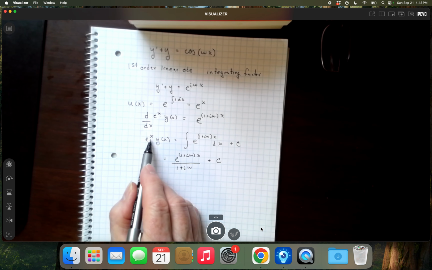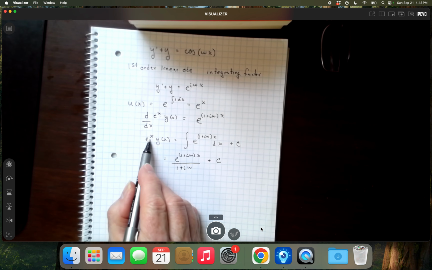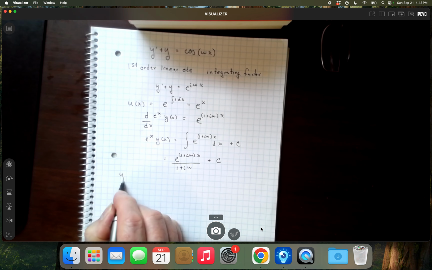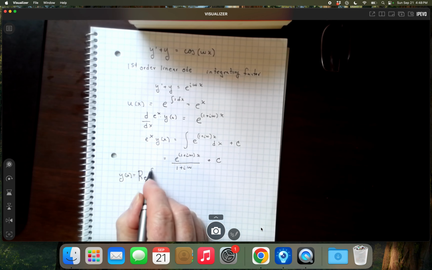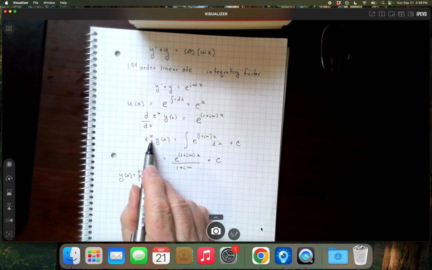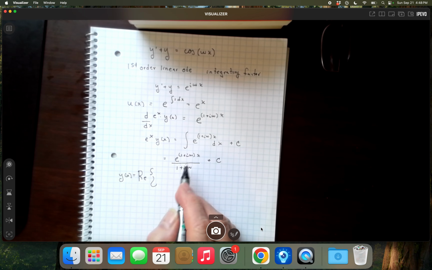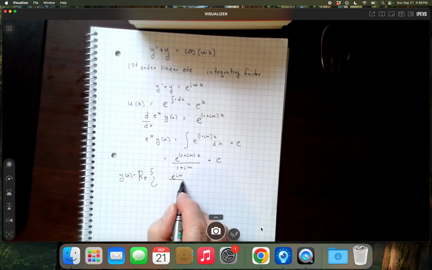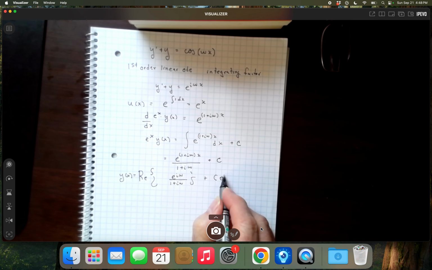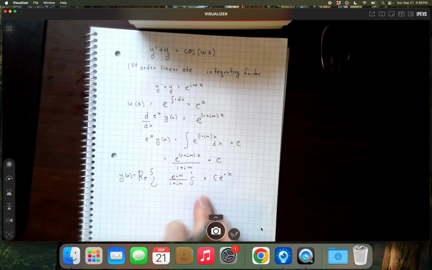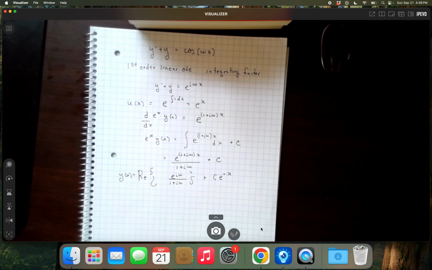Now we will divide both sides by e to the x, which will give us y of x is the real part of, you divide by e to the x, that gets rid of this 1 right here, and you're left with e to the i omega x over 1 plus i omega, plus c e to the minus x. Pull this out because that's already real. Well, we take the real part of this and we're done.